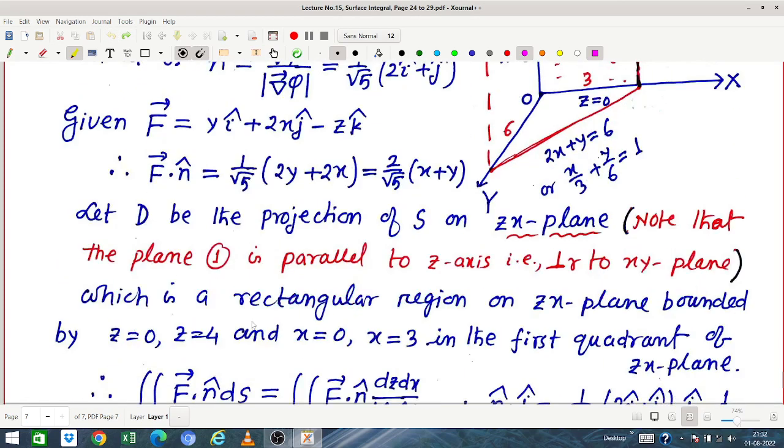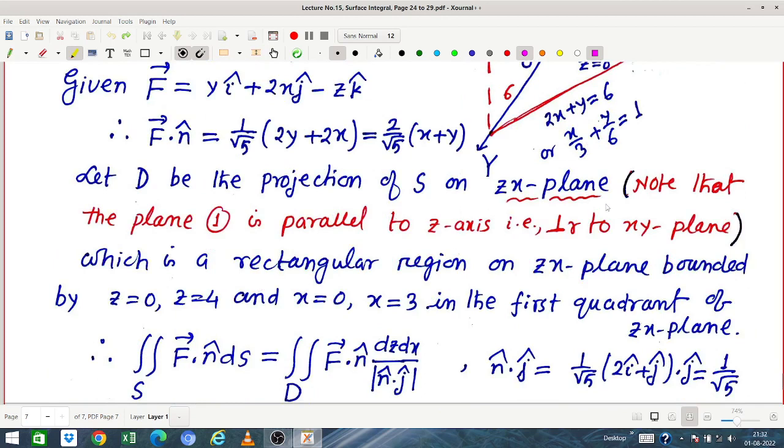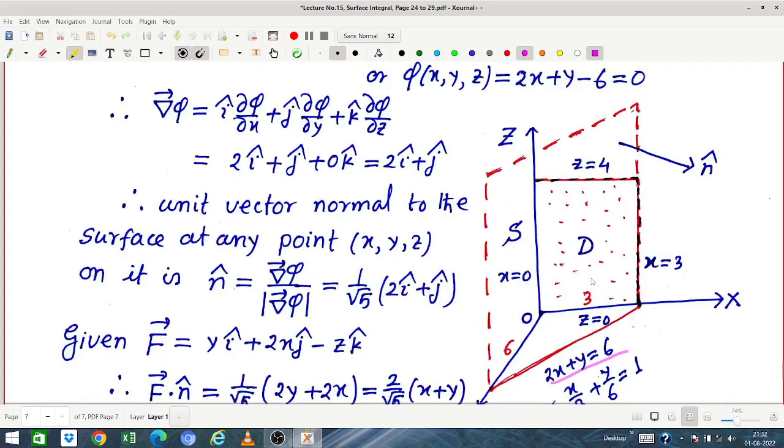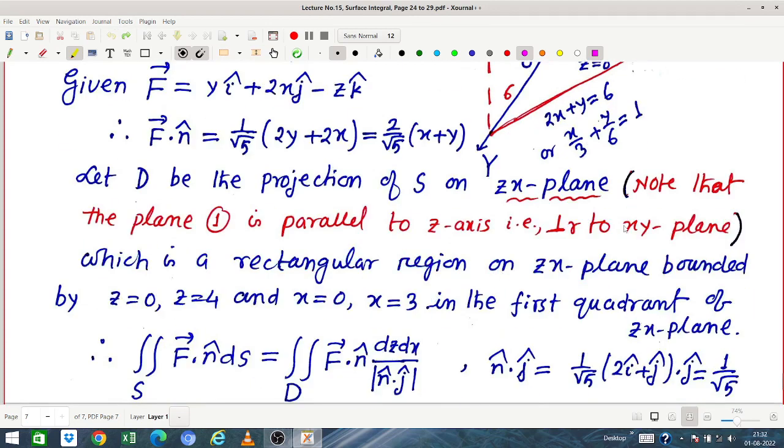So D is the projection of S on the zx plane, and we note that the plane is parallel to the z axis. Yes, z is absent here, meaning it is parallel to the z axis, from minus infinity to plus infinity, but our range is given as 0 to 4. Why 0 to 4? Because in the positive octant it starts from z = 0 and goes up to 4 as per the question.